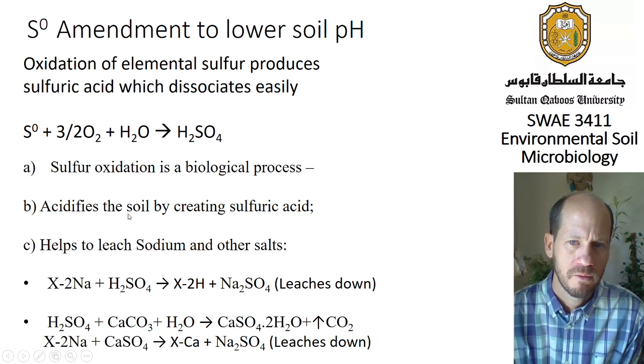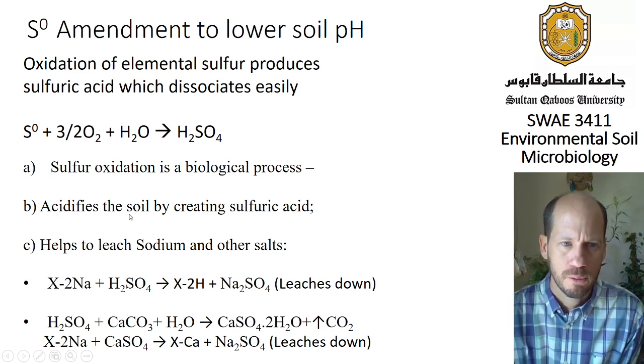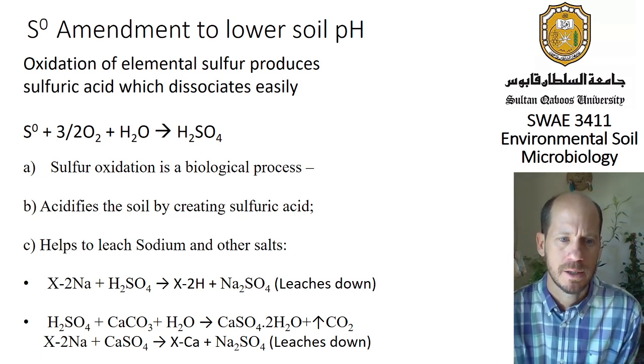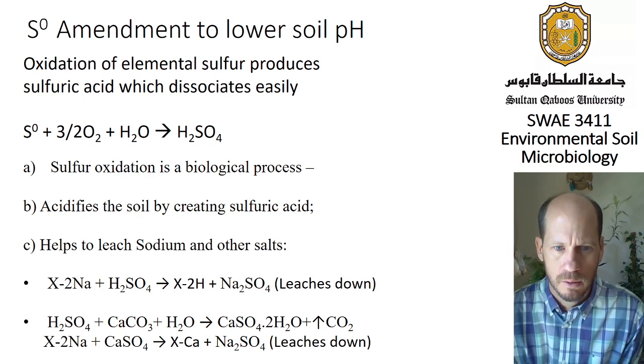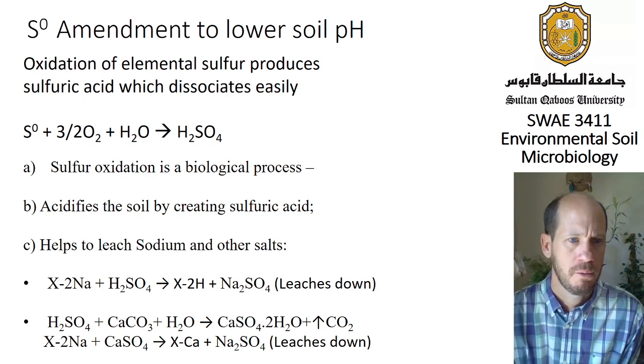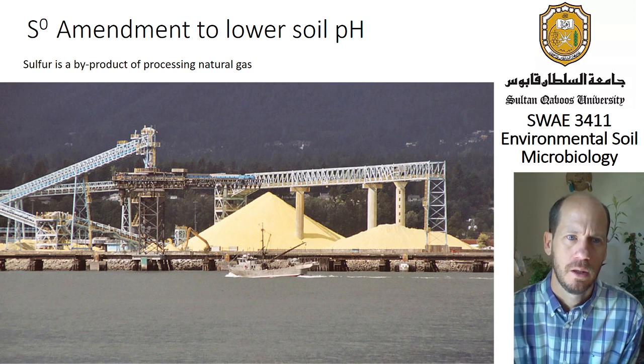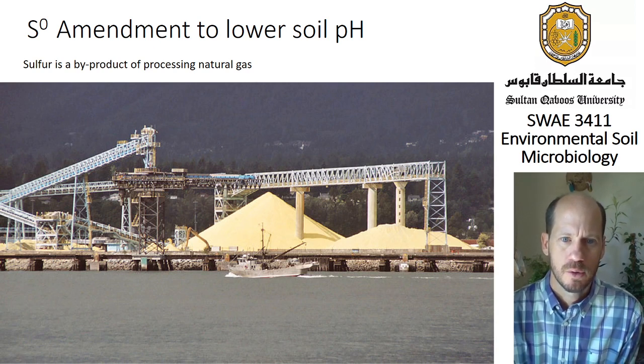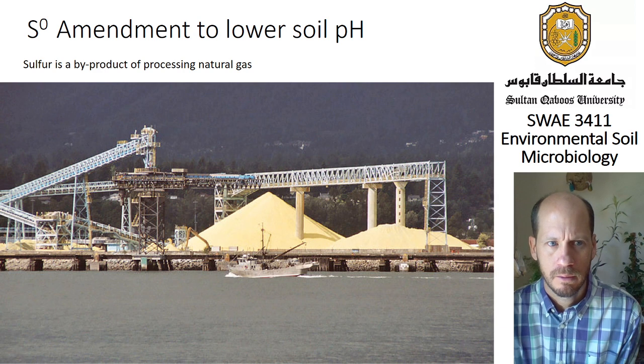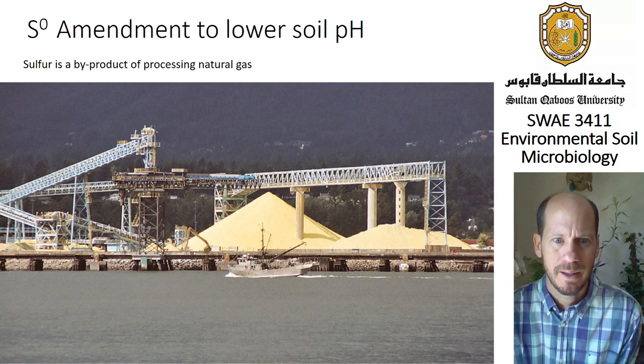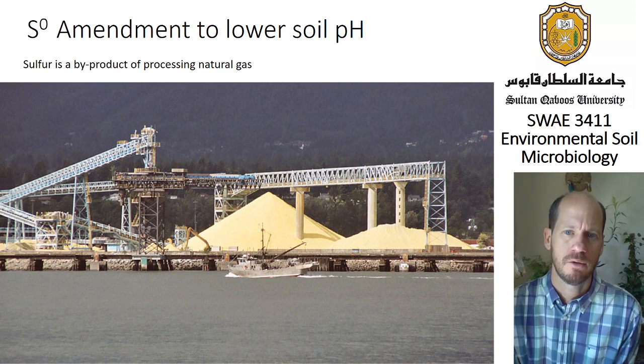Elemental sulfur is also very beneficial, and it's a good substitute for gypsum. You need less of it, and it will be more effective because you have both acidification of the soils and the release of calcium from calcium carbonates. This elemental sulfur is also very convenient for Oman because during gas production, elemental sulfur is a byproduct of the processing of natural gas.